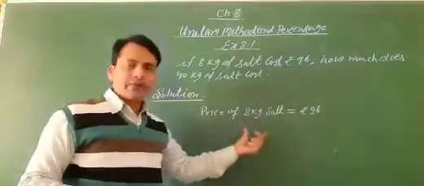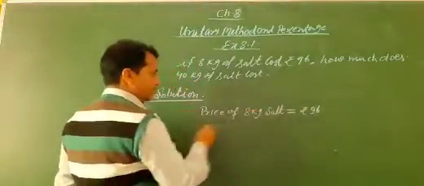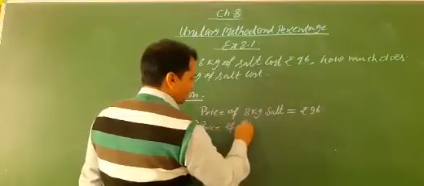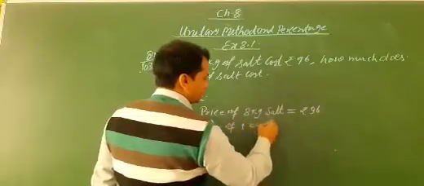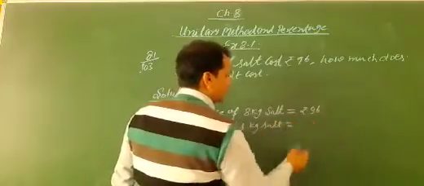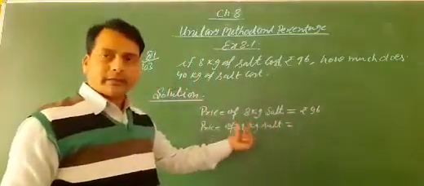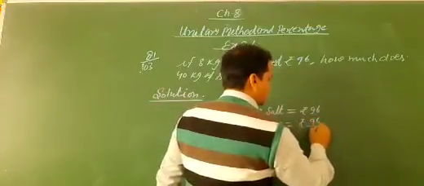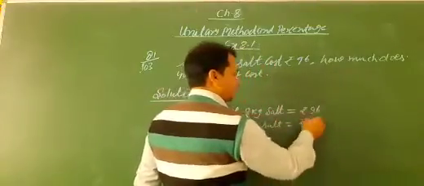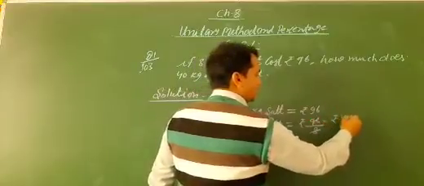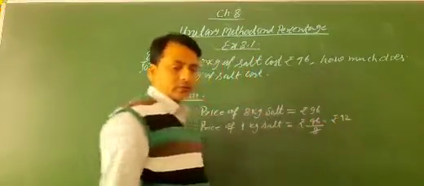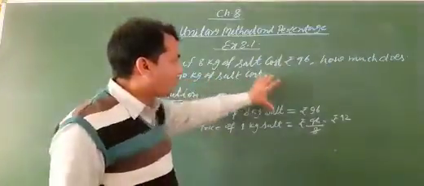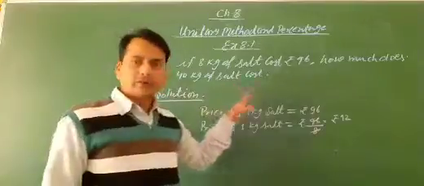So the price of 1 kg salt, we can write here, is equal to 96 by 8, that is 12 rupees.